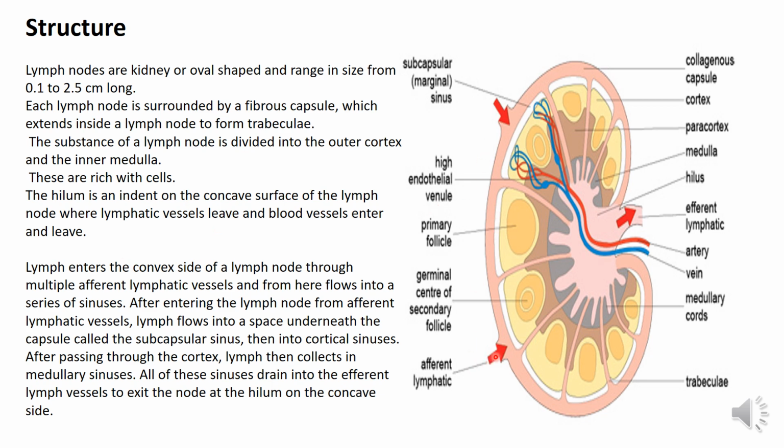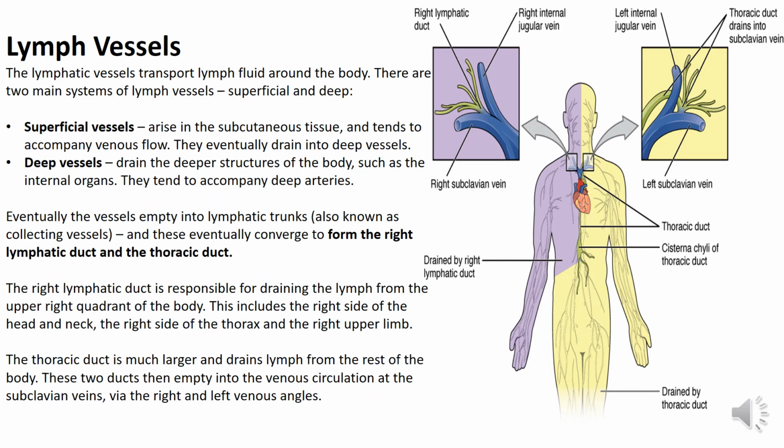The flow of lymph: it enters through afferent vessels, passes through the subcapsular sinus, then enters the cortical sinus, and finally reaches the medullary sinus where all the medullary sinuses unite together and form the efferent lymphatic channel, where it leaves the lymph node.